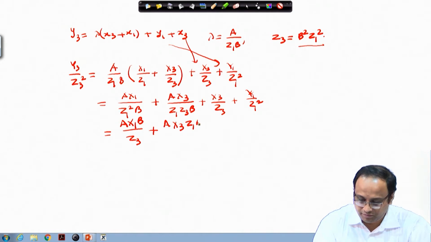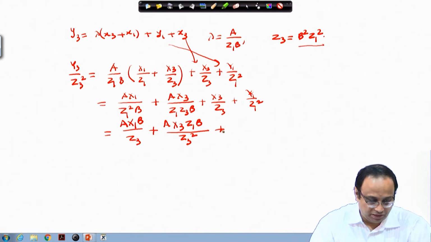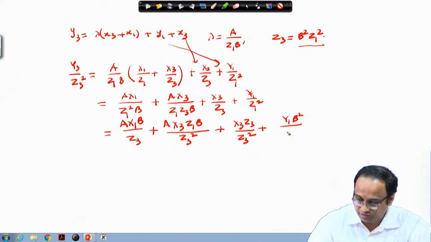Okay. So, if I multiply by Z1 b, then I have got (Z1 b) whole square in the denominator, and (Z1 b) whole square means Z3. So, I have got another Z3. So, this becomes Z3 square, plus again I multiply x3 Z3 and I get Z3 square here, plus Y1 b square, and this becomes (Z1 b) square.